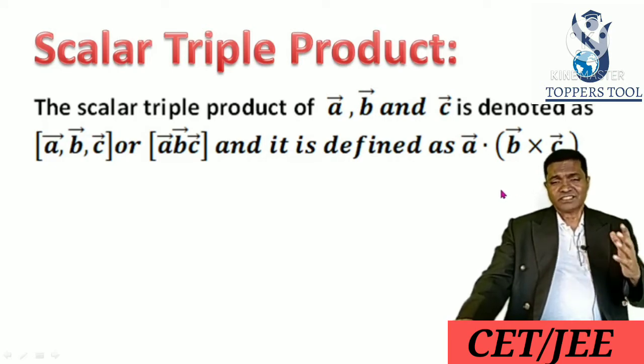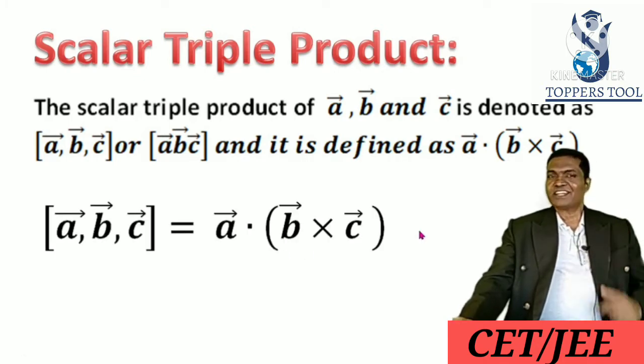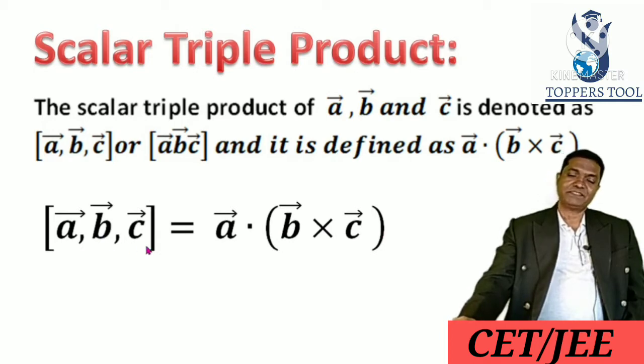This is one of the most important topics, so let's understand it with the help of the geometrical concept. The scalar triple product of any three non-zero vectors A, B, C is defined by this. It is also called a box product because the representation is in box brackets or square brackets.